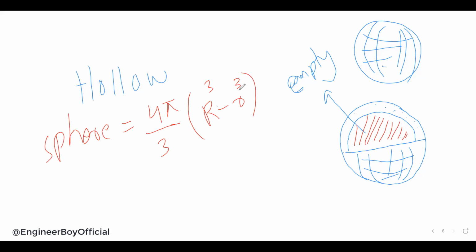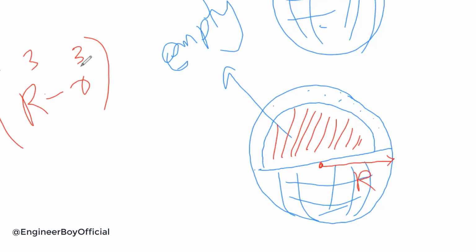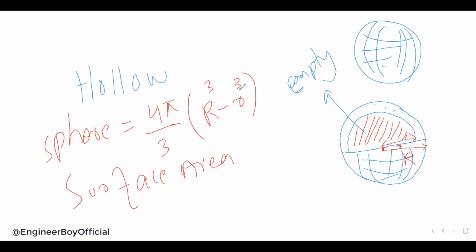The capital R is the radius of the external surface, and the small r is the radius of the internal surface, this one. And further, the surface area must be, if you remember, 4 pi r squared, or pi d squared.